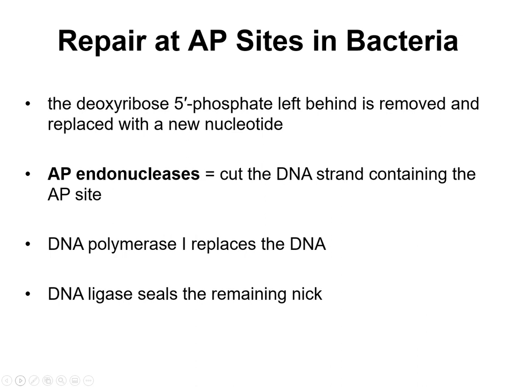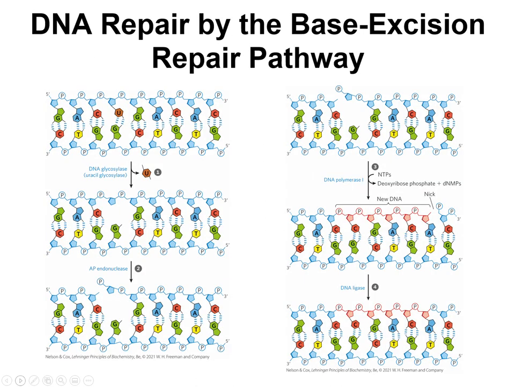So you can see why DNA Pol I is so abundant in bacteria, because it has a lot of work to do to repair DNA. Then we've got DNA ligase, which seals the deal. It seals the nick that remains after DNA Pol I replaces the nucleotides. So this is a little figure that shows base excision repair.